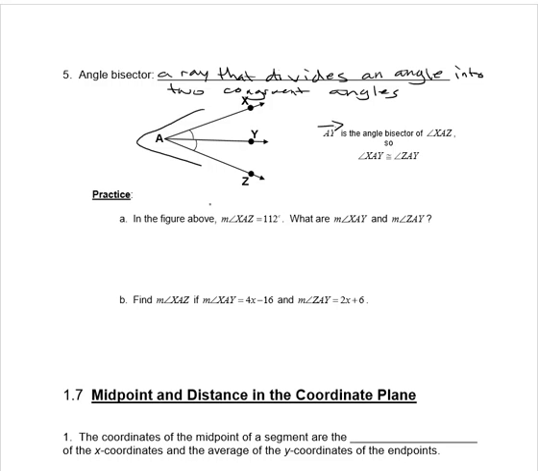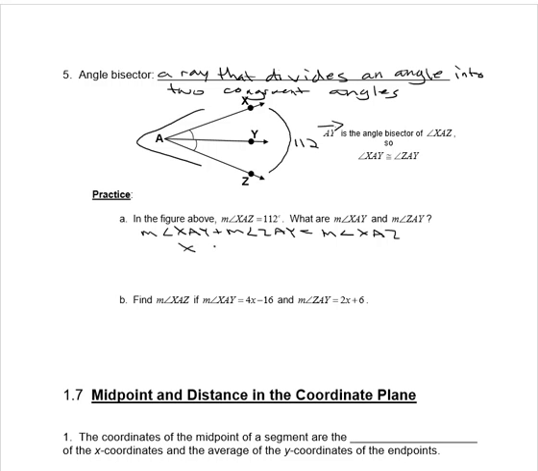Okay, so in the figure above, if XAZ is 112, in other words, this whole thing is 112, what is each one? Well, that's pretty easy. The measure of angle XAY plus the measure of angle ZAY is going to equal the whole thing, the measure of angle XAZ. I don't know what XAY is, but I know it's the same as ZAY.